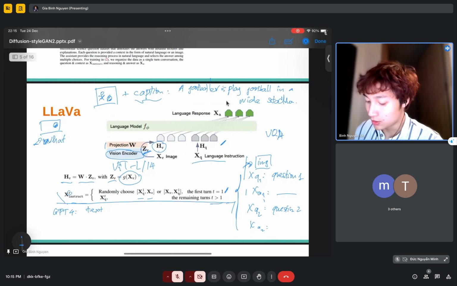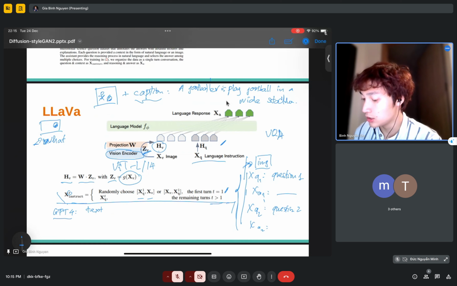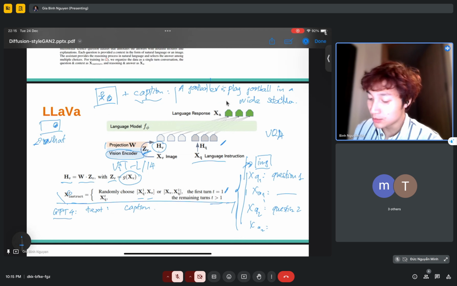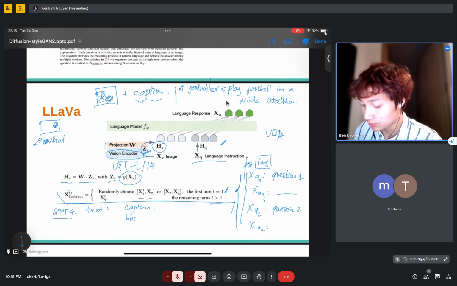The input to GPT-4 to generate the multi-turn data will be the text caption, and sometimes also the bounding boxes. For example, if we have the bounding boxes of the ball and the footballer, we also pass these to GPT-4.